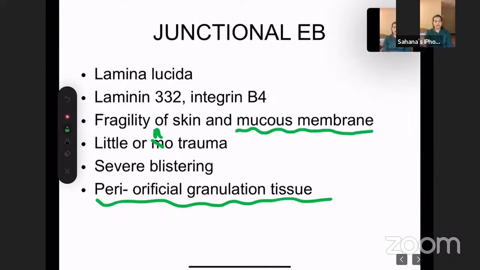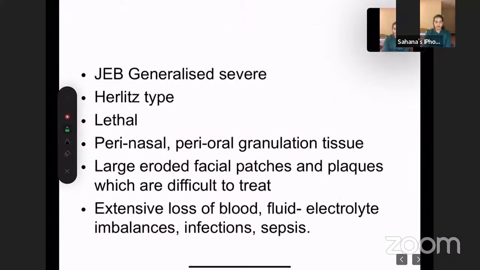That was also there in the severe type of EB simplex, but it is more common in junctional EB. So these are the three differences: little or no trauma, periorificial granulation tissue, and involvement of the mucous membrane. These are the three clinical clues by which one can say that this is more of a junctional EB and less of an EB simplex.